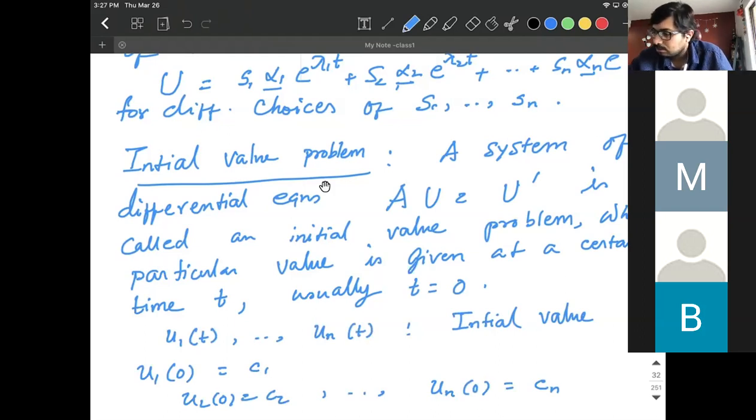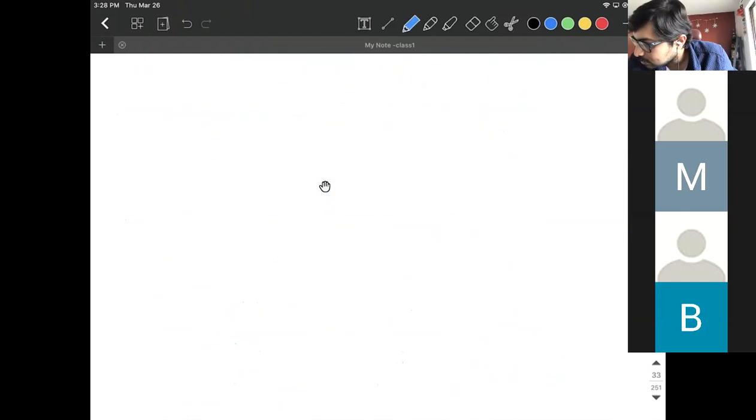The first thing is solving this system of equations. And once you do that, you plug in this value, t equals 0. So you have c1 up to cn. What you get is a linear system of equations, in the following sense.